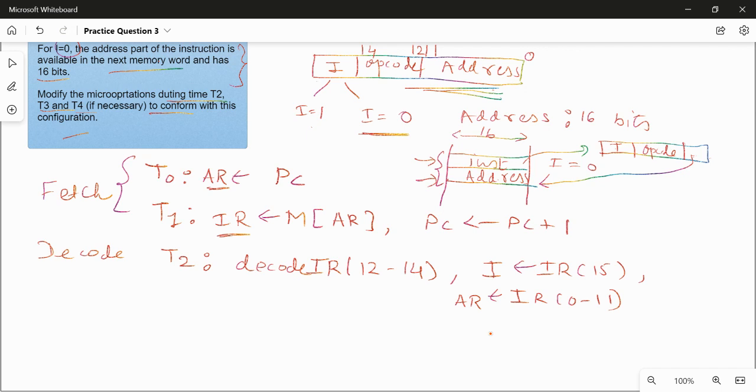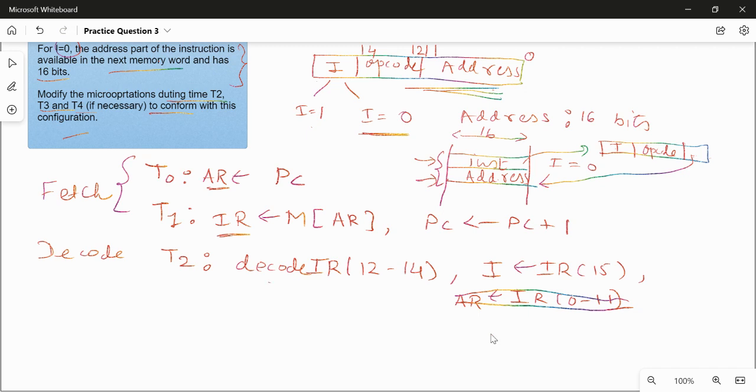And if I is equal to 0, then also some new process is required to get 16-bit addresses in AR. So we cannot actually write this statement as a part of the decode phase T2.